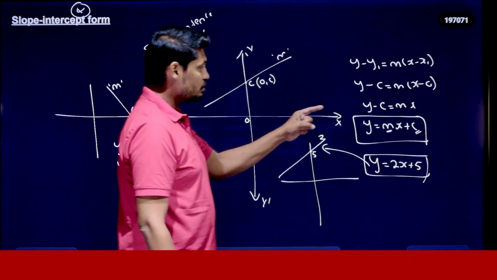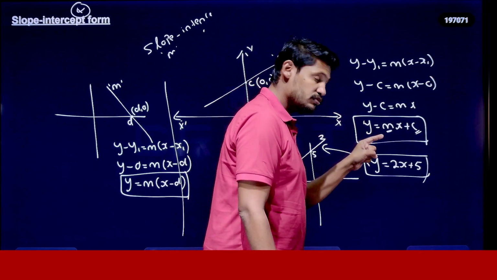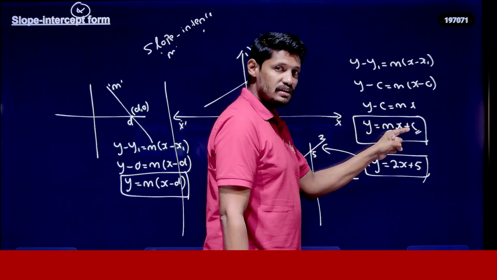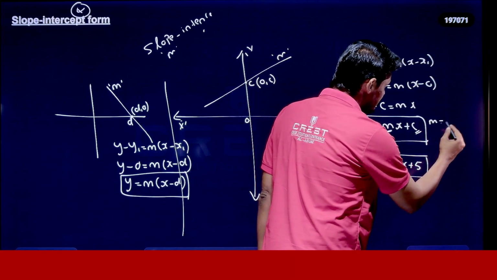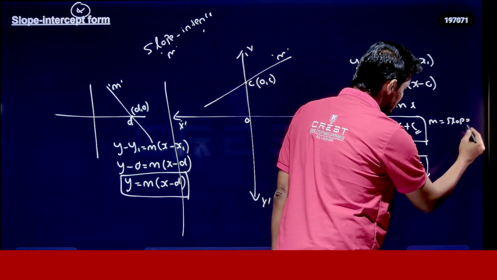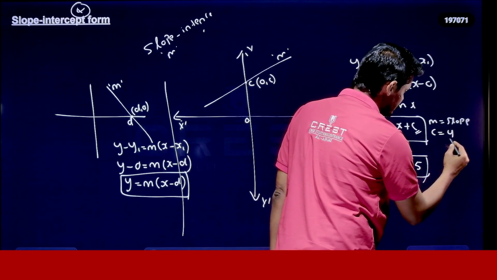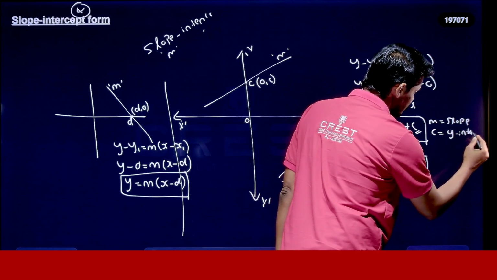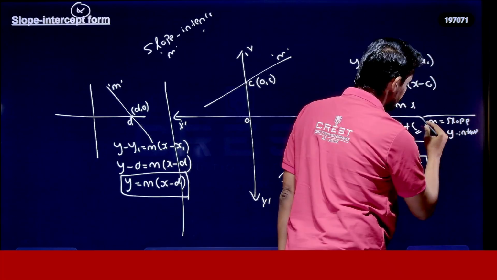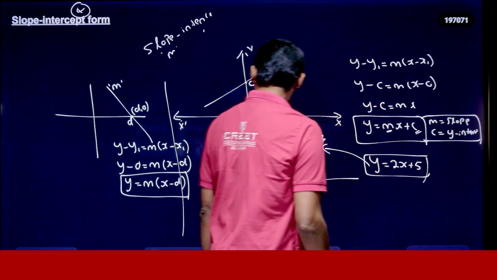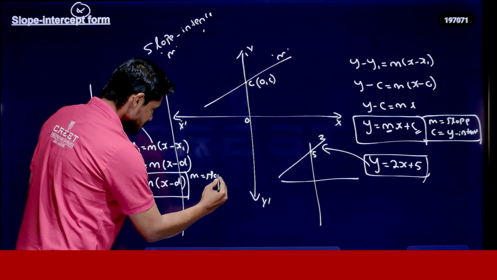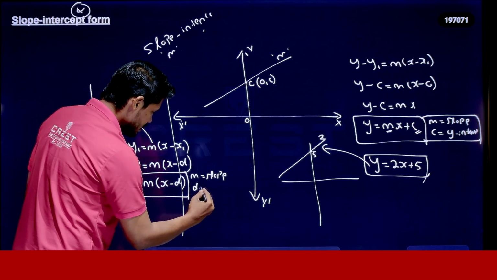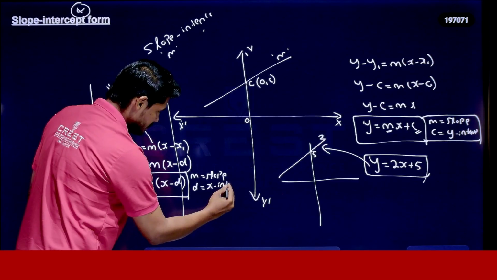This is the equation of line, slope-intercept form, when c is the y-intercept. Here m is the slope and c is the y-intercept. If y-intercept is given, we can apply this formula. Here m is the slope and d is the x-intercept.